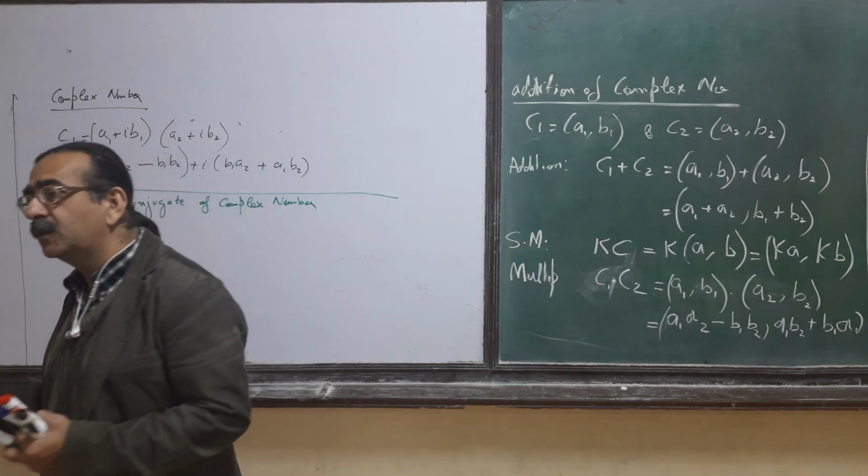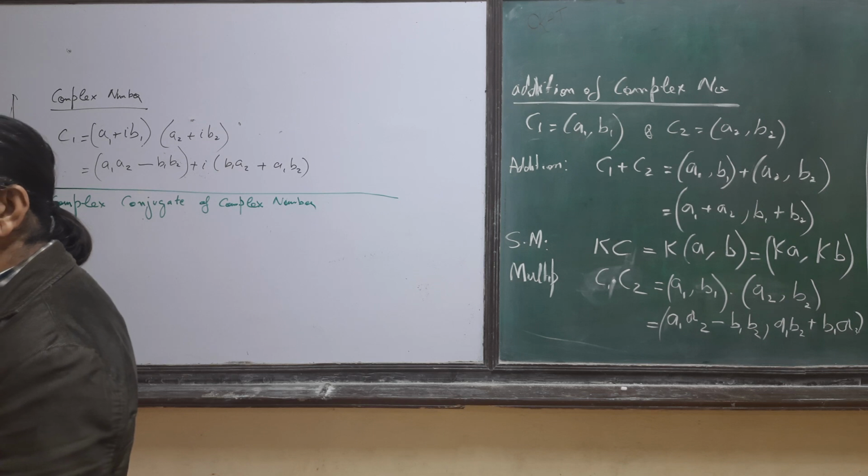If there is a two-dimensional plane and a point P, then the complex number represents its position.